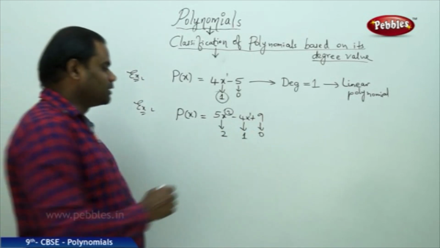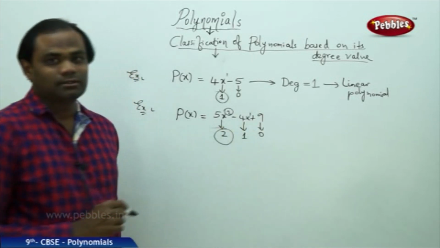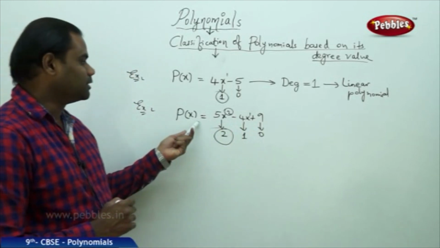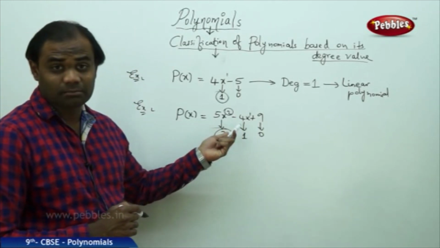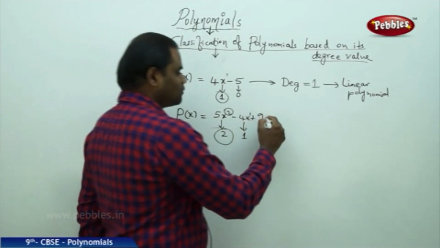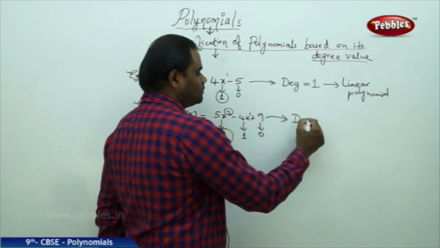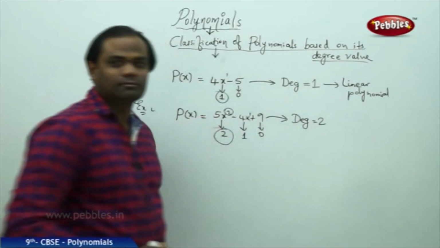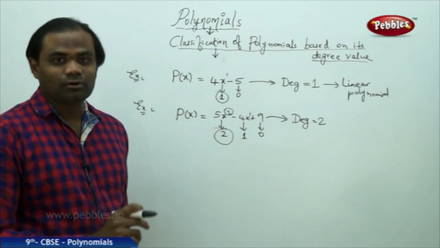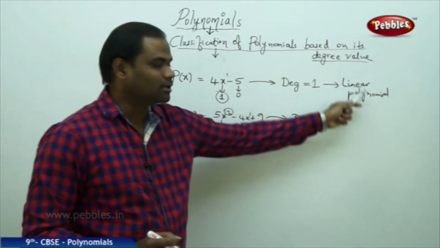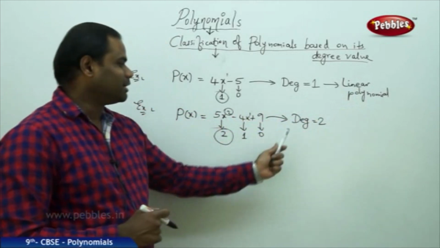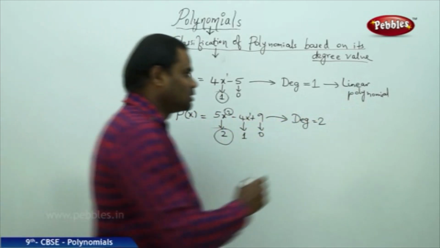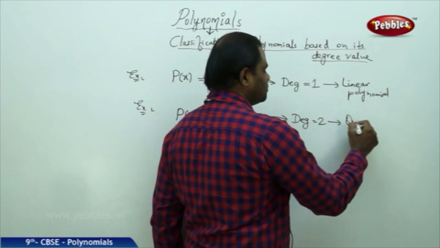Therefore, when I decide on the highest value, 2 is the highest value, and therefore the degree of p of x for this example problem is 2. Any polynomial whose degree is 1 is called a linear polynomial. Similarly, any polynomial whose degree is 2 is called a quadratic polynomial.